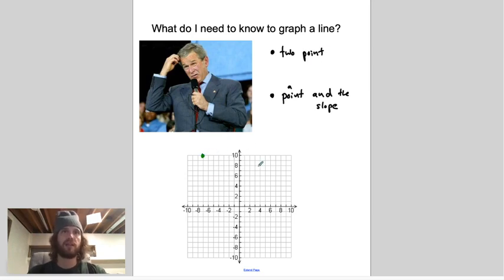Okay, if I have a point here and a point here, it's not very clear what the line between those are. It looks like it crosses at about 8.5, but it's hard to tell for sure. We don't really know exactly where the line crosses.